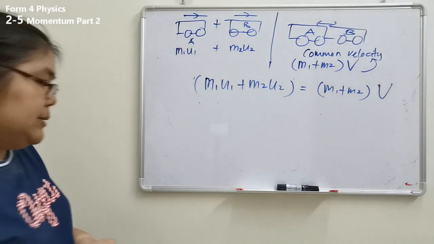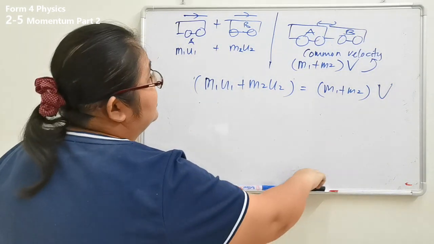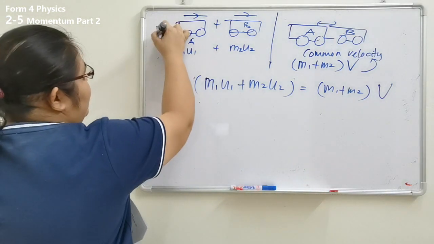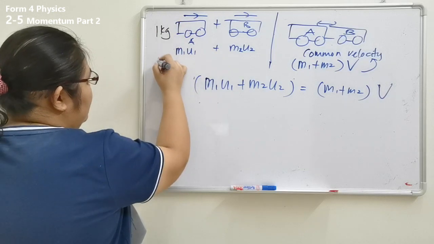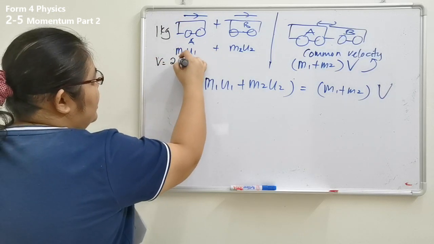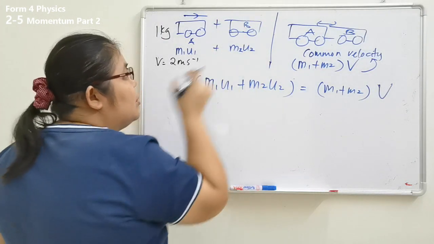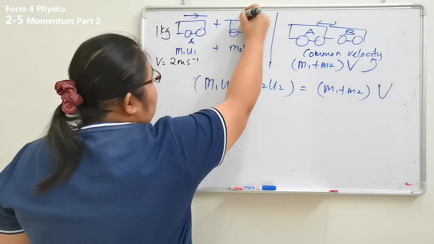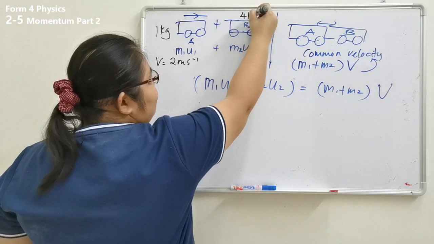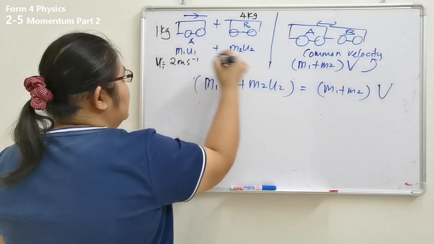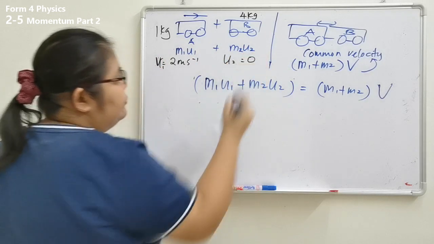So example question. If I say the example question like this, the first one, A, is 1 kg, then the velocity is 2 ms negative 1. Now the second one I say, you are not moving. You are 4 kg. This one is U1, this one U2, 0.